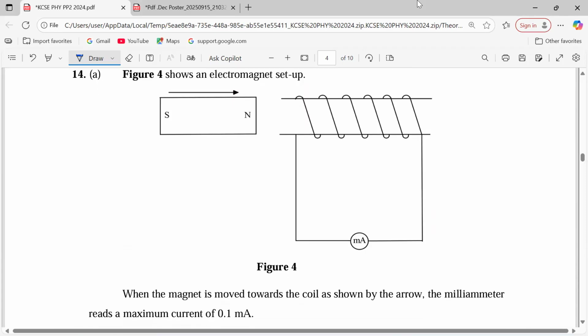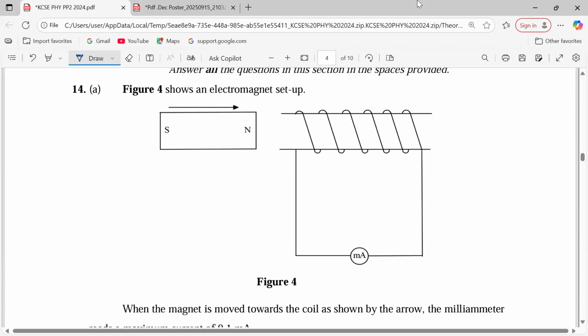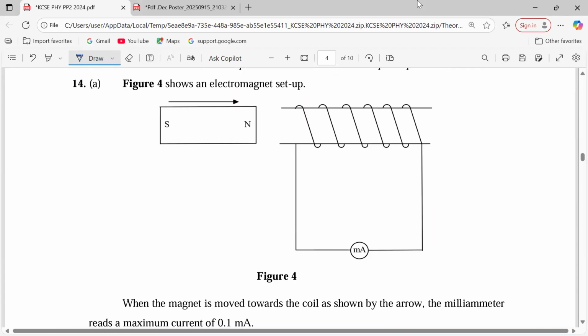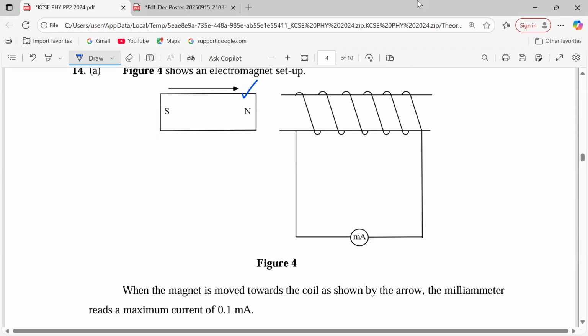Look at number 14. The figure shows an electromagnet setup, whereby this is a magnetic field which is going to cause another magnet and also some current to flow in the setup that you can see.